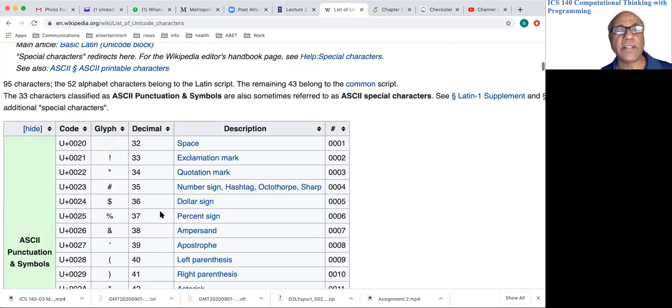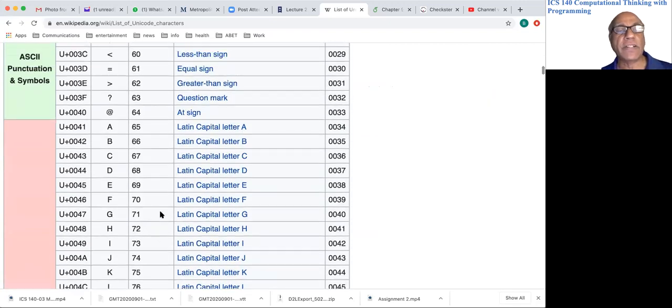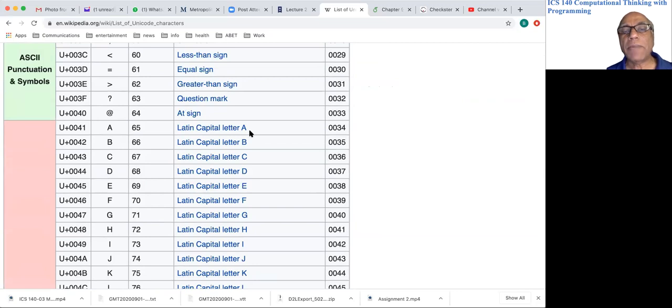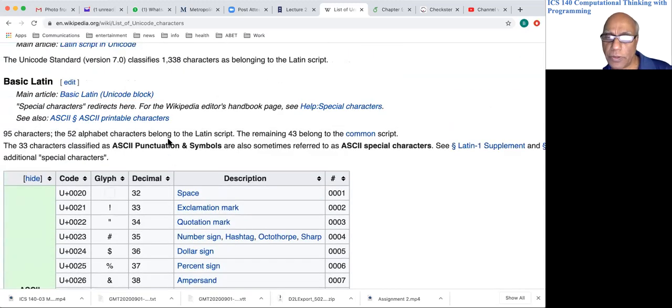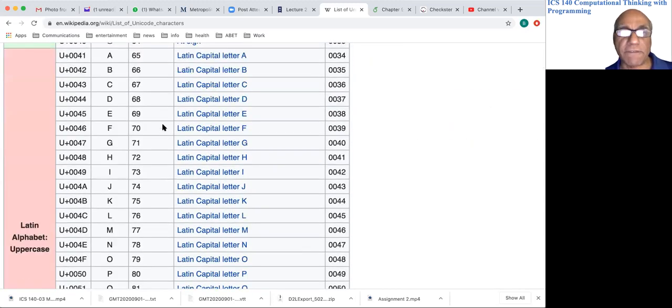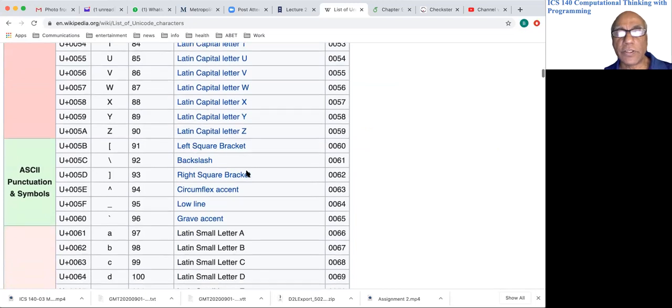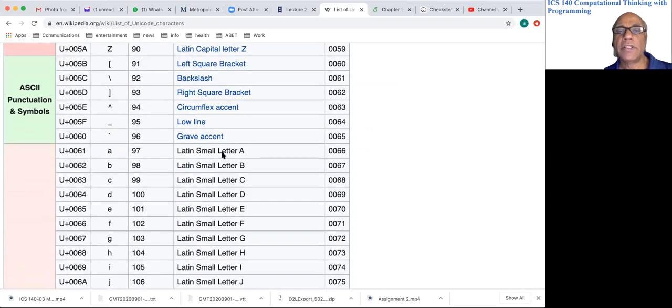So let's see here some things that are very familiar. The capital letter A has the number 65, I think. Let's make sure. Yeah, it's decimal 65. Okay. B is 66, C is 67. These are capital letters. Then lowercase letters should come here. Lowercase a is 97, b is 98, and so on.